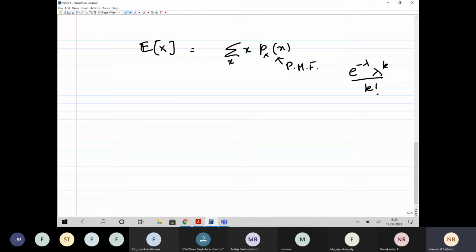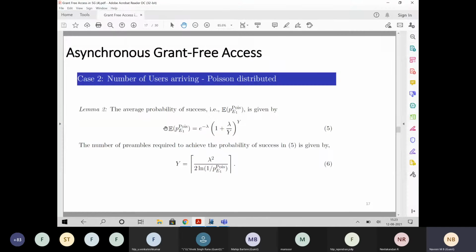Now x is my entity, the probability of success, which I know from before involves n factorial by n minus m factorial, times 1 by n to the power m. I multiply that with this and take the summation. It looks like this, but it will easily simplify, and finally you will simplify it to this form.